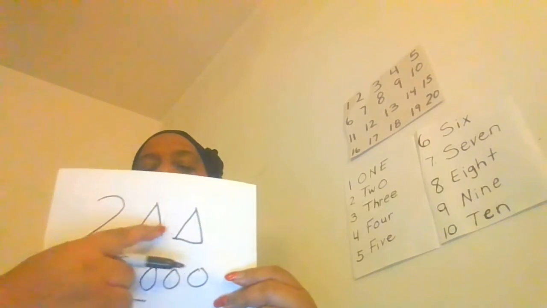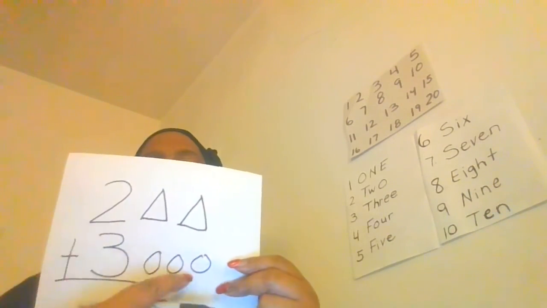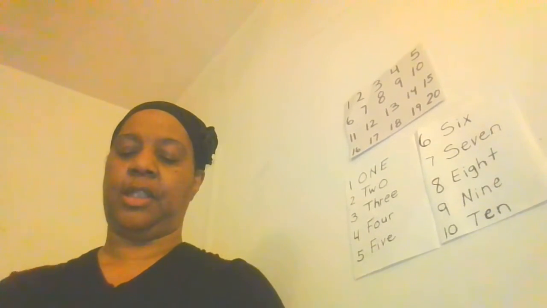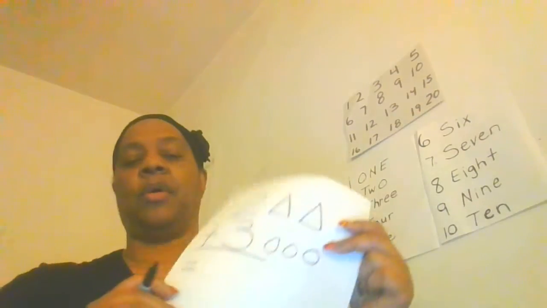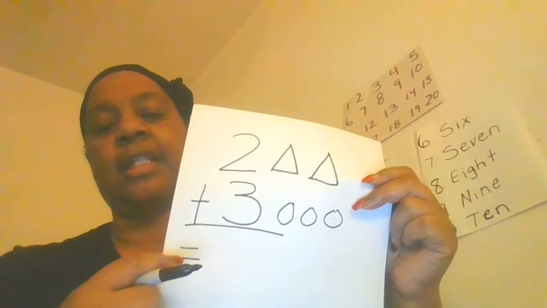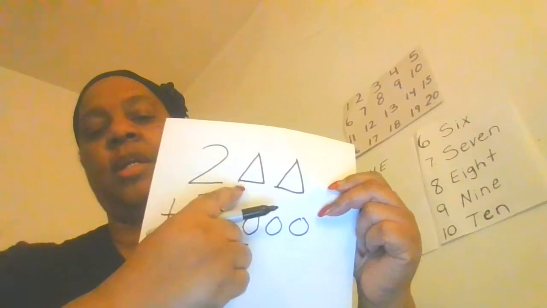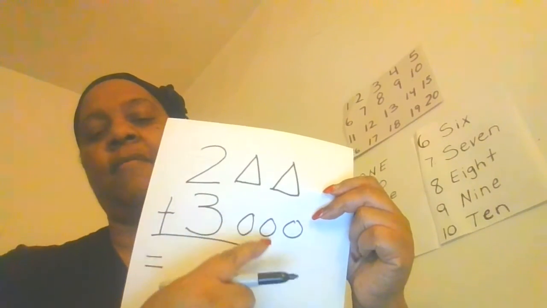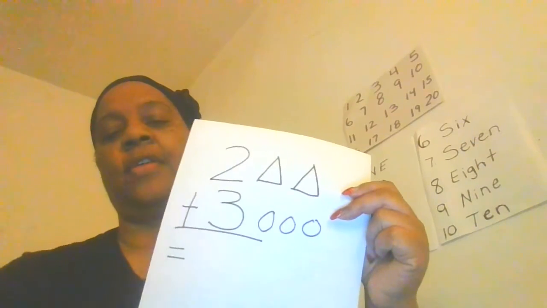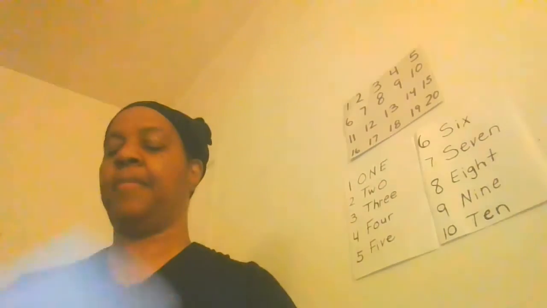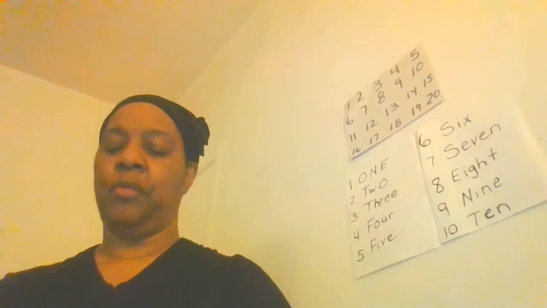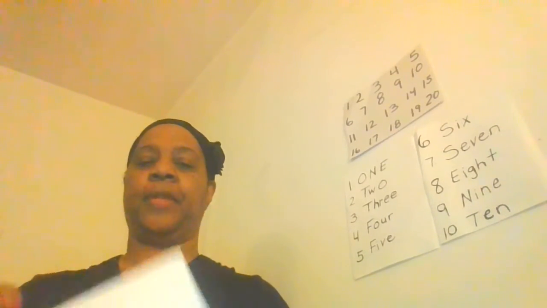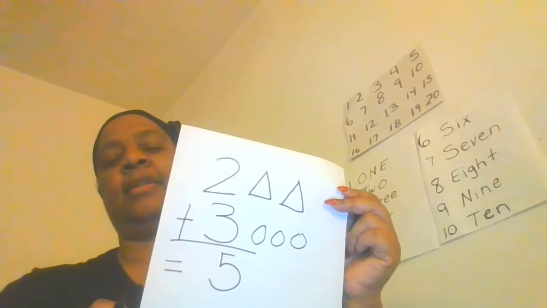Two triangles plus 3 circles. And I will put the equal sign just so that you can get used to saying it. Equals, let's count. 1, 2, 3, 4, 5. So the answer is 5. 2 plus 3 equals 5. And that's how you add.